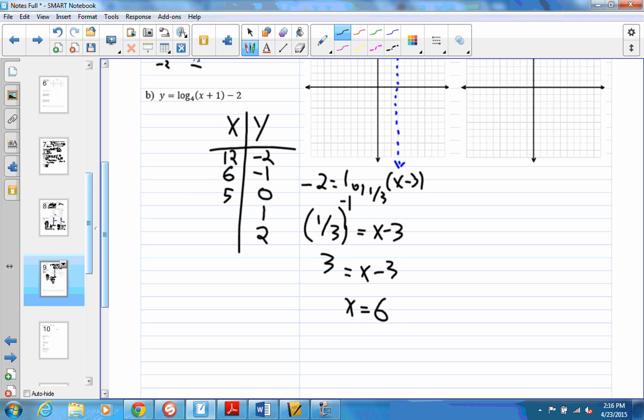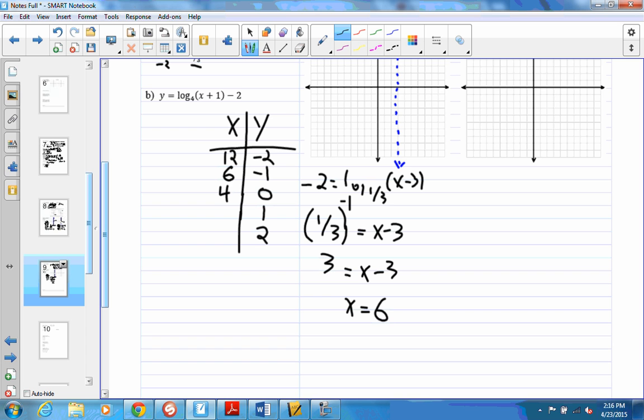Keep going. So you plug in 0, you get 1, 1 plus 3, it's 4. Good. Plug in 1. This is where you probably want a calculator because you'll get some decimals. 1/3 to the first is 1/3, plus 3.